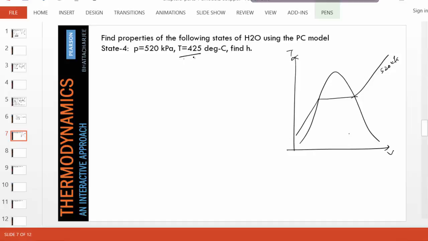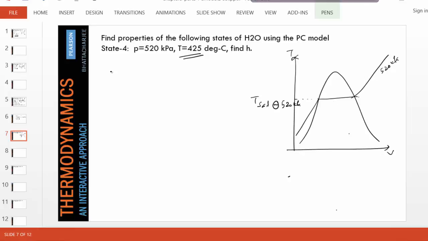Now the temperature is given to us. How do we know our state is superheated or subcooled? It depends on the temperature. So first, let's find out this temperature. What is this temperature? This is nothing but T sat at 520 kPa.